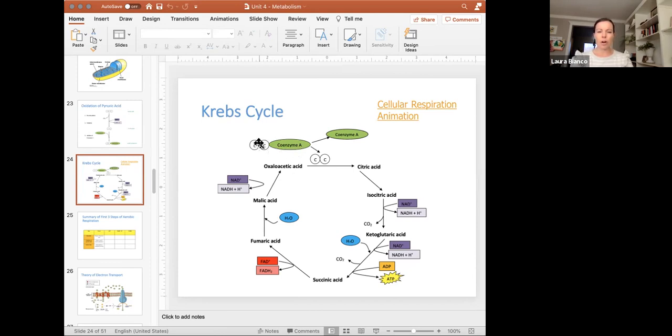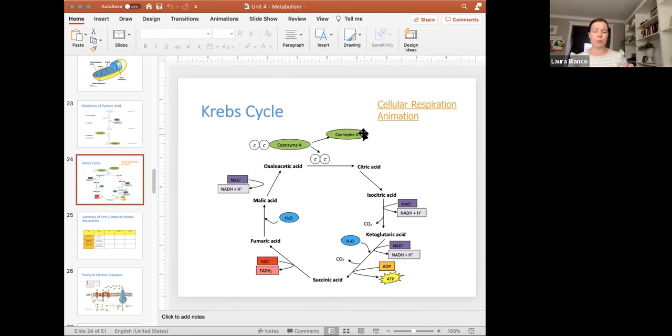So the acetyl coenzyme A is coming in to join the oxaloacetic acid, and the acetyl group, just that 2-carbon molecule, is being added to this acid. The coenzyme A is just a carrier molecule, so its only job is to drop off this acetyl group with this acid right here, and then it goes away.